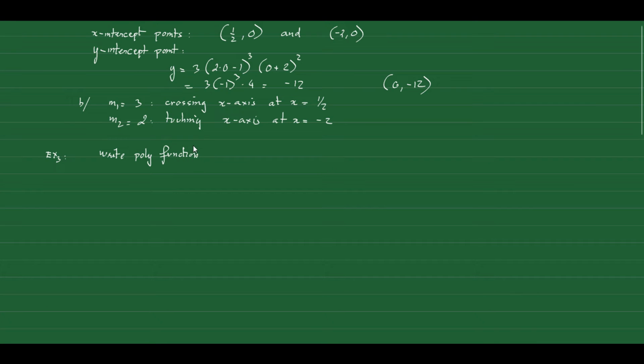Remember, last time we learned how to write a quadratic function using the vertex form. Write a polynomial function using factoring form which has zeros 2 and -3 with multiplicity 1 and 2, respectively, and goes through the point.